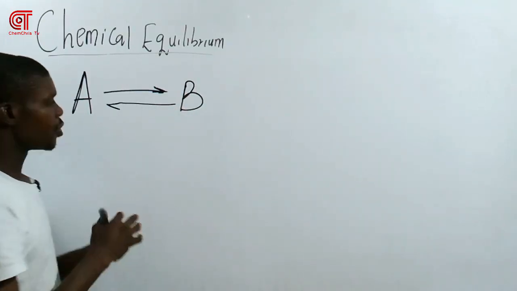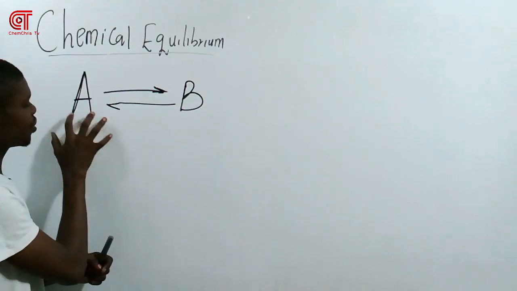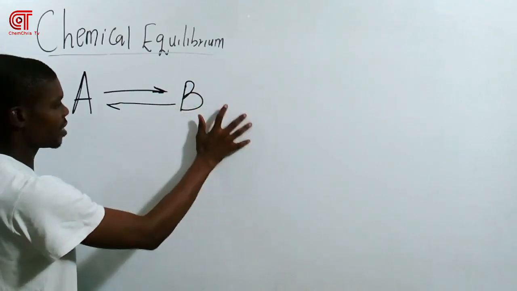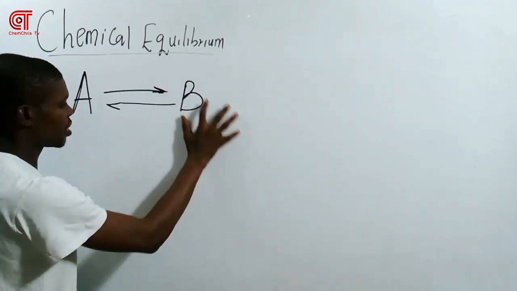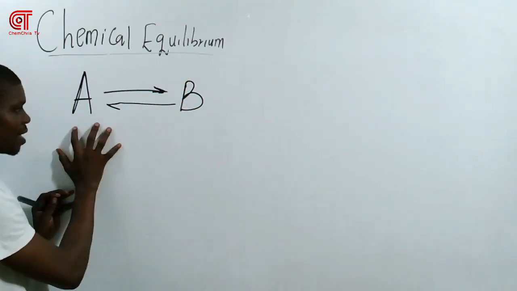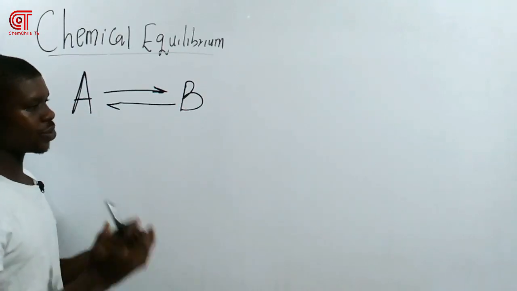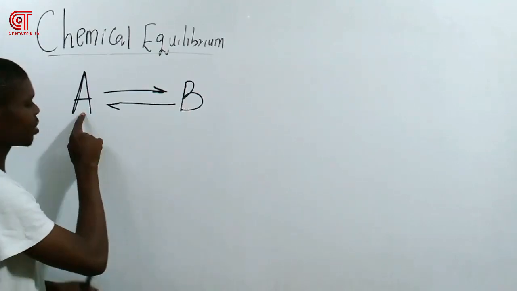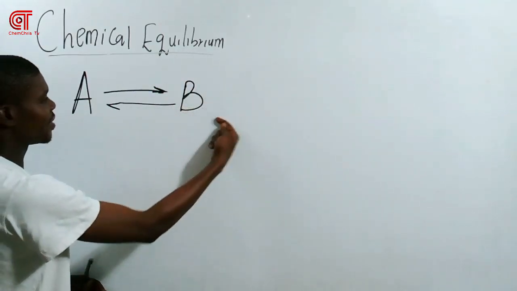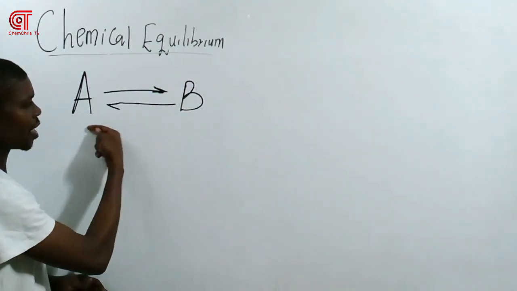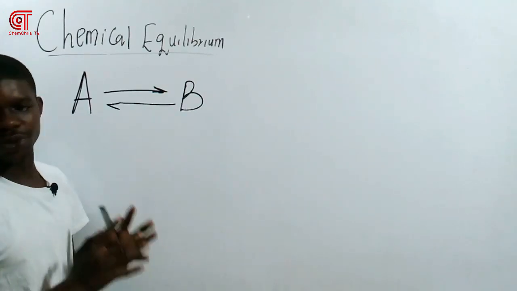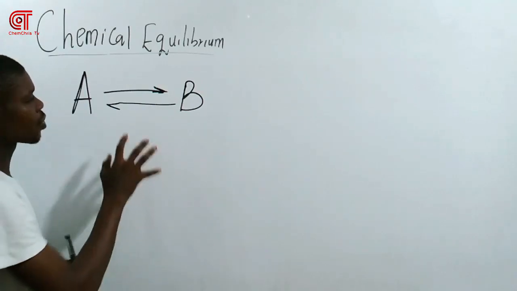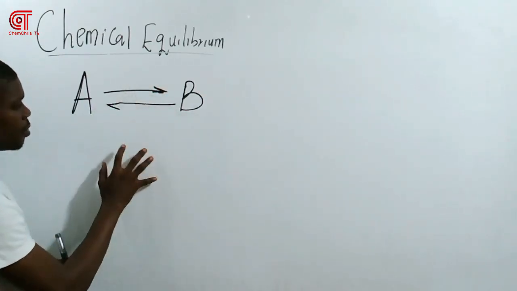This continues to a point where the rate at which the reactant is producing the product is the same rate at which the product is producing back the reactant. At that point, we say the reaction is at equilibrium. At equilibrium, the rate of forward reaction is equal to the rate of backward reaction.